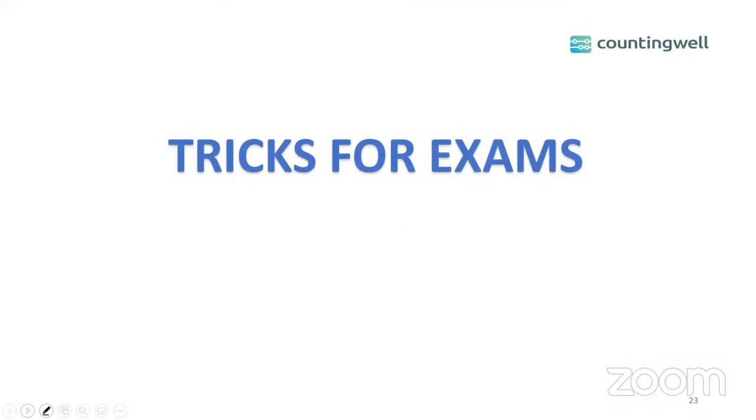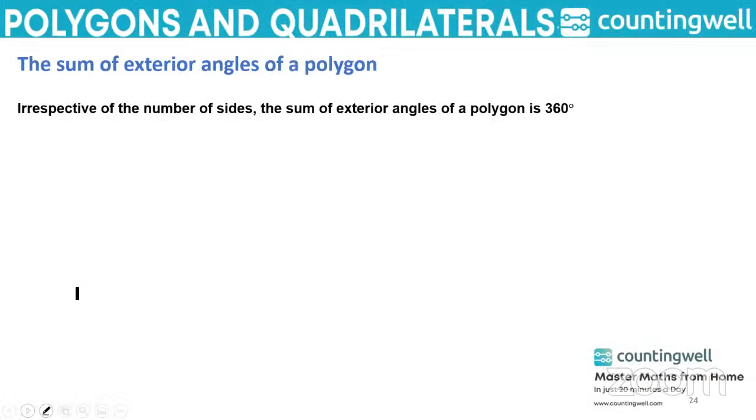Let us see some tricks for the exams. The sum of exterior angles of a polygon is always 360. So don't get confused between 180 and 360. Irrespective of how many sides a polygon has, the sum of the exterior angles will always be 360 degrees.